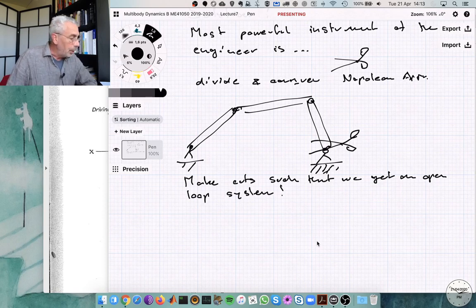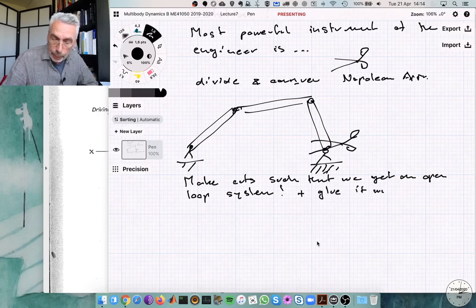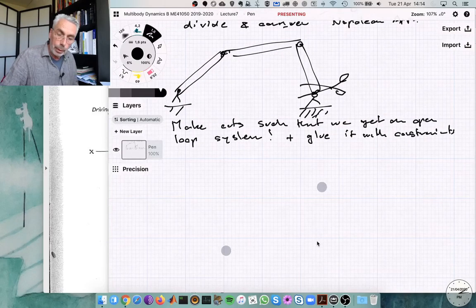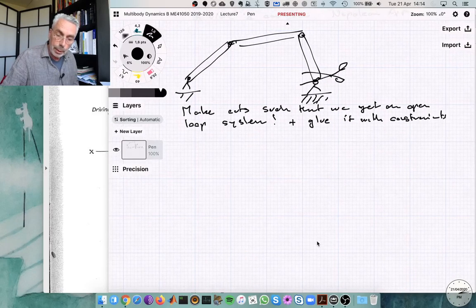That is our solution. But of course, if we make cuts, we also have to glue it back with constraints, right? But we can do that. We did that in the past, so we know how to use glue, add the constraints.